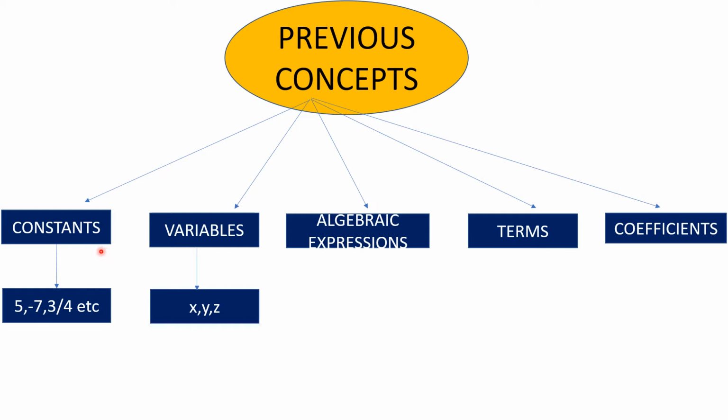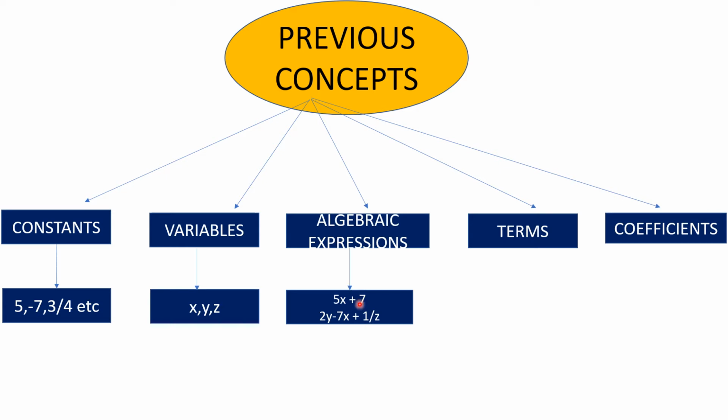Now, when these constants and variables are connected by the operators plus, minus, multiplication and division, we get algebraic expressions. Example, 5x plus 7. Here 5x is a variable, 7 is a constant, it is connected by an operator plus.